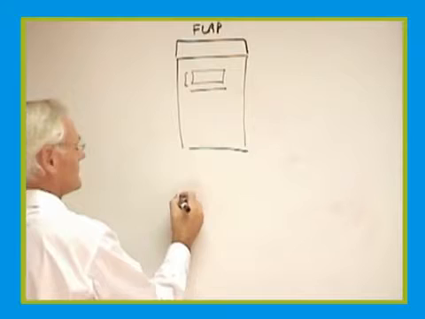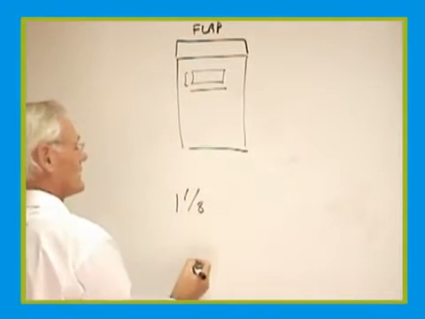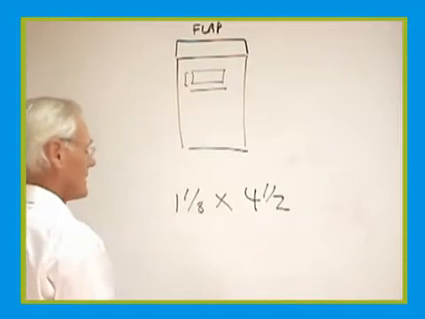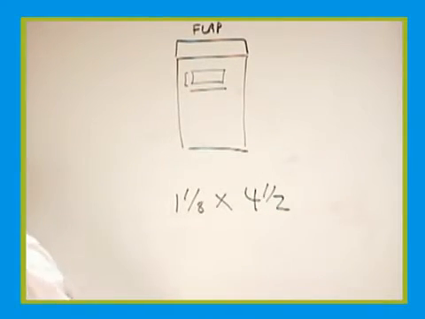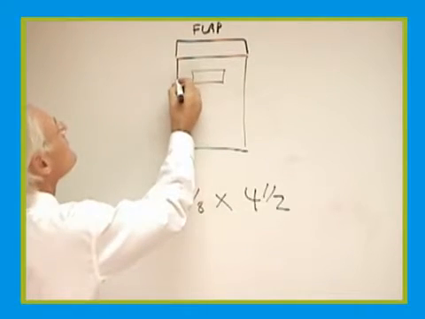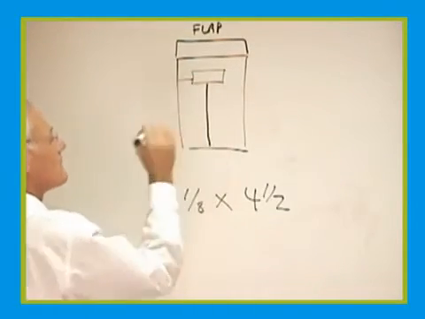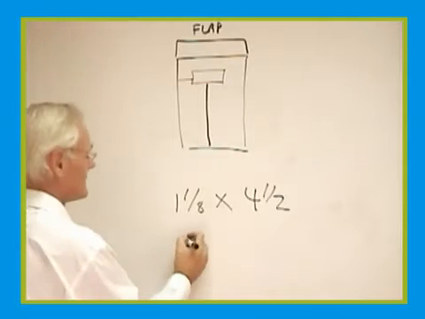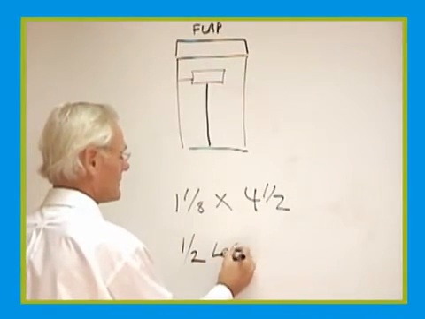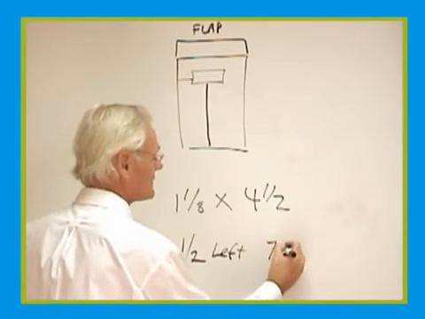Again, let's say it's 1 1/8 inch high, 4 1/2 inches wide, and then we measure the position with the flap at the top, from left and from bottom. In this case, let's say it's 1/2 inch left and 7 inches bottom.